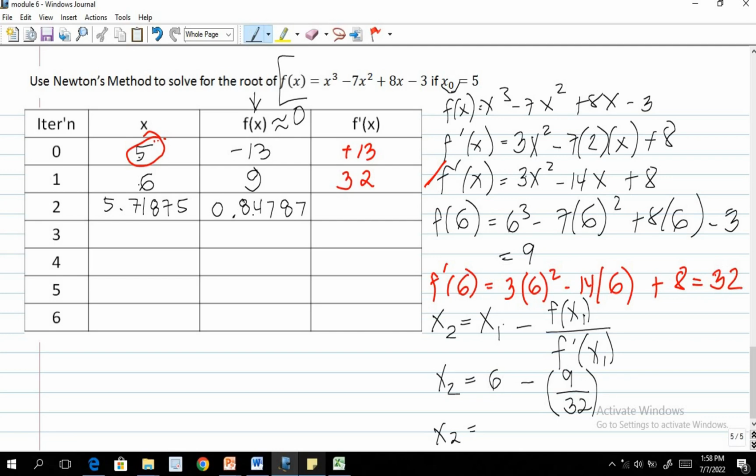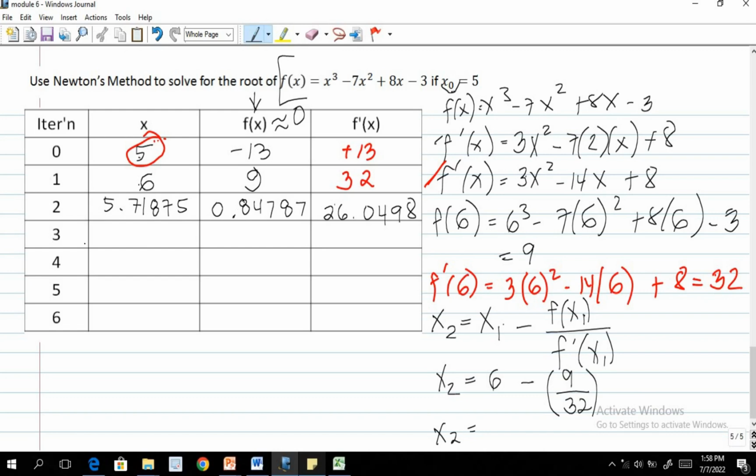Then, yun naman sa may f prime x, substitute again itong 5.71875 dito sa may fx. Then, you will arrive at the answer 26.0498. Hindi pa po nag-zero out si fx, so continue lang tayo sa pagkuha ng iterations.